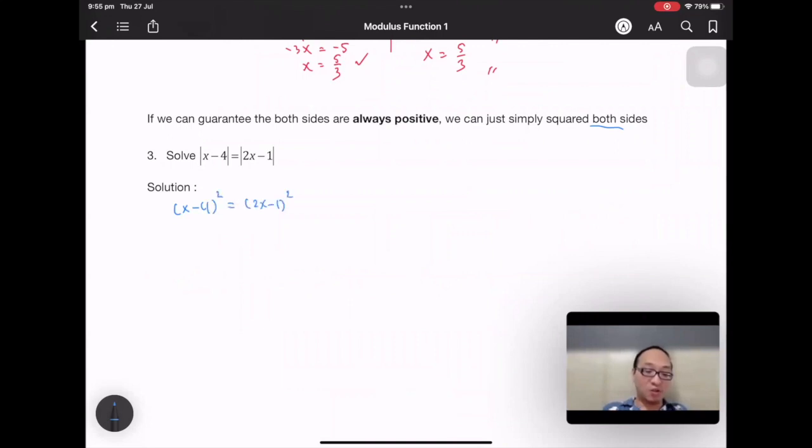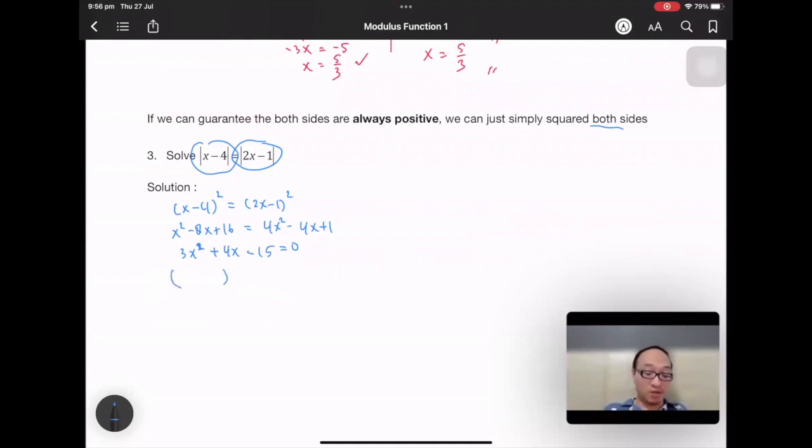I squared both sides because I can guarantee that this is always positive since both are absolute values. This equals x squared minus 8x plus 16 equals 4x squared minus 4x plus 1. And then we simplify into 3x squared plus 4x minus 15 equals 0.